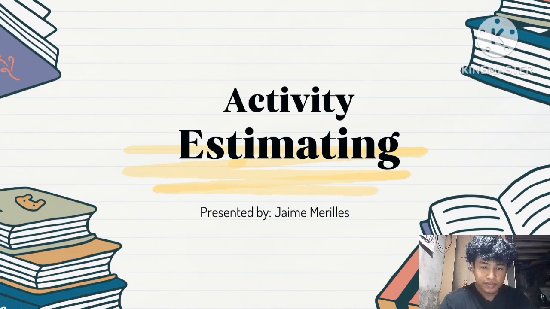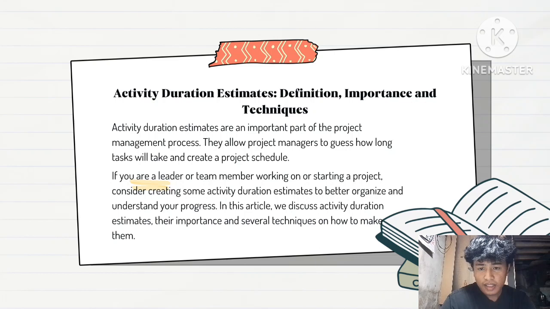So here in activity estimating: activity duration statements. These are the definition, importance, and techniques. Activity duration statements are an important part of the project management process. They allow project managers to estimate how long tasks will take and create a project schedule.